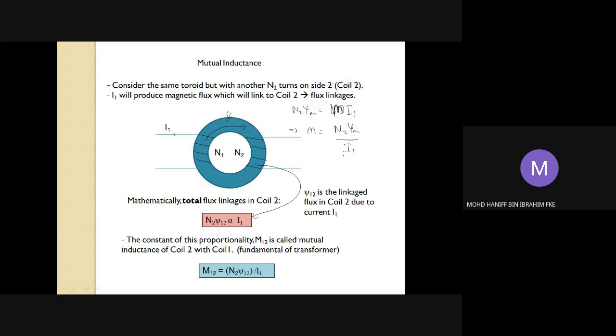So that is what we call mutual inductance. I hope you can now differentiate between mutual inductance and self-inductance. Basically, in a transformer, the concept is based on mutual inductance.